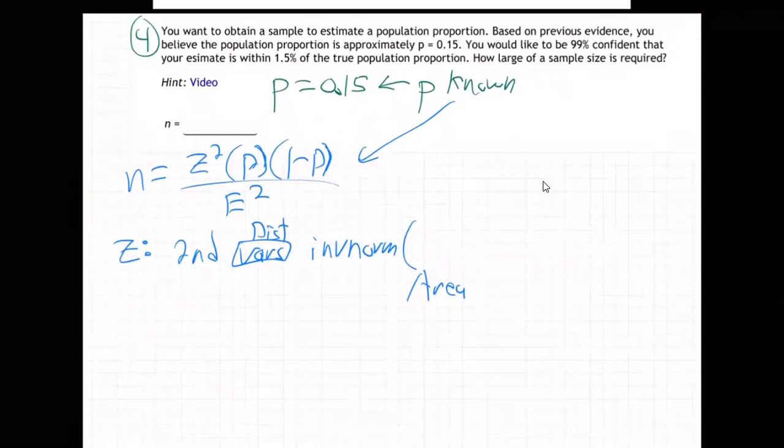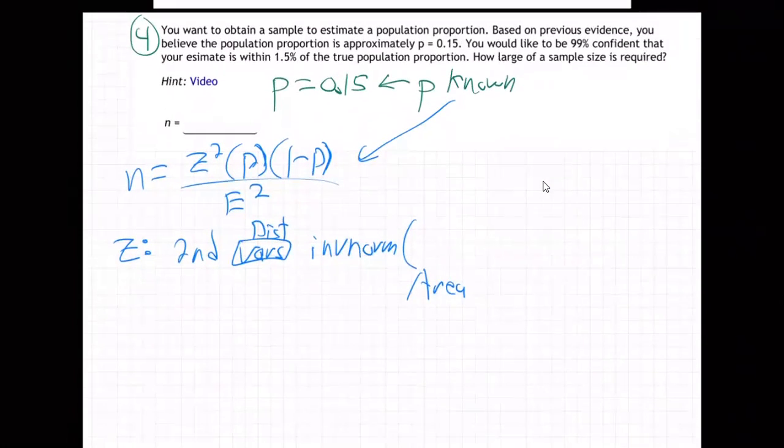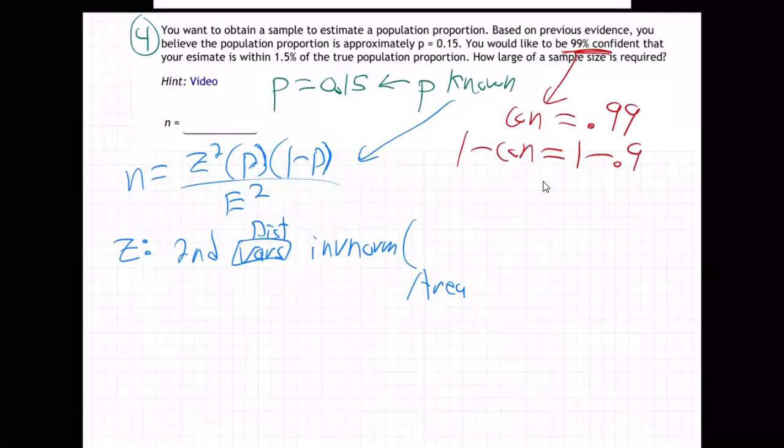Well, in fact, what's the confidence? Let's do that right now. They're 99% confident, so the confidence level is 0.99. So 1 minus the confidence, 1 minus 0.99, is 0.01, right? It's kind of like rain and no rain. If there's a 99% chance of rain, then there's a 1% chance it won't rain.